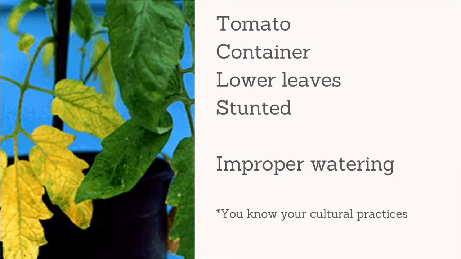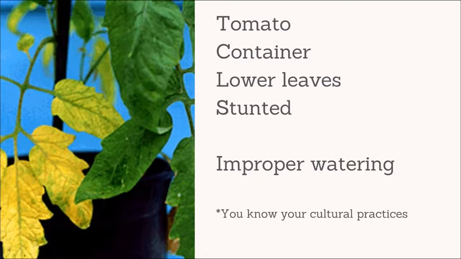In a container, the first thing I would think is, what's the watering schedule? It looks like there could be a little interveinal on that one back leaf, but they're mainly all yellow. So in this case, it was just underwatering. It just has not been watered enough. With tomatoes, you don't want to keep them too wet, but a lot of times they're not watered enough, and there's a whole set of issues that tomatoes can get.